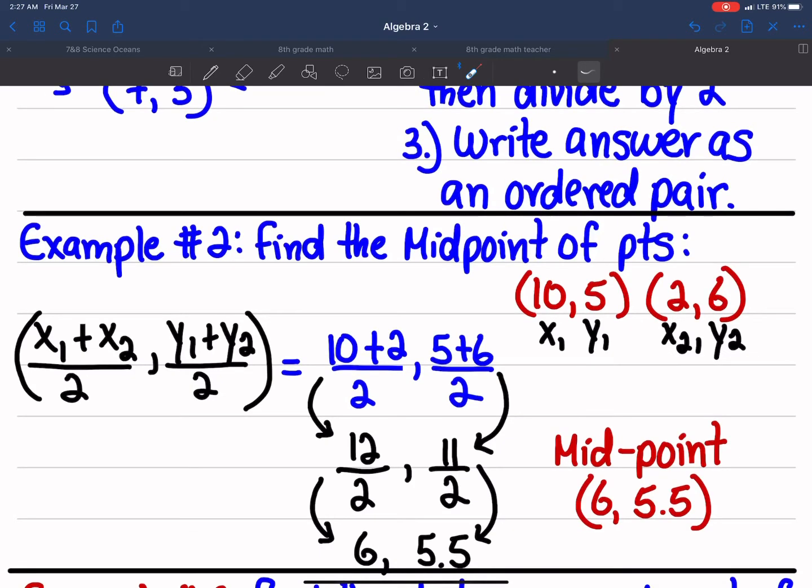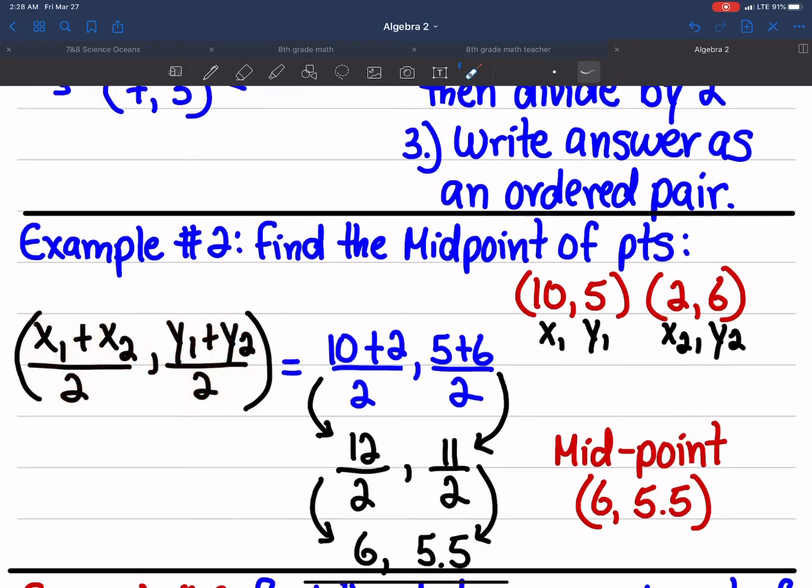So let's see. Find the midpoint of the points (10, 5) and (2, 6). All right. Now let's see. We have given our points. What's going to be first? Who's going to be first, and who is going to be second? Now I'm going to put them into my formula. x1 plus x2 divided by 2, y1 plus y2 divided by 2.